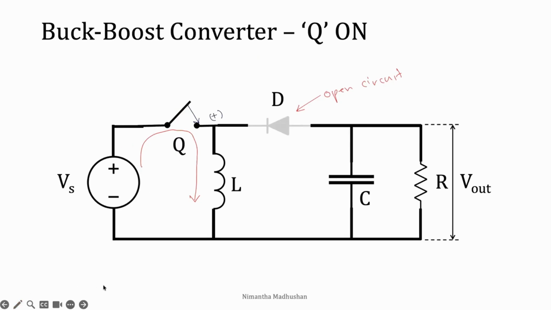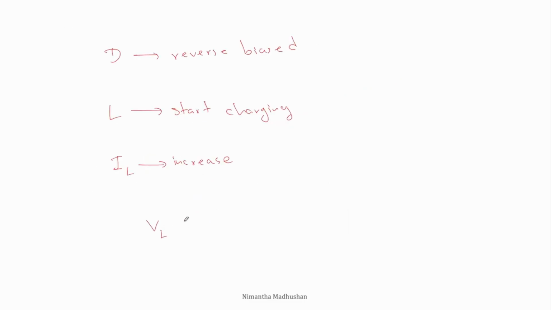And if we consider this point A and this point B, and if we consider the polarity of this voltage, we can mention plus and minus here, and this is the inductor voltage VL, it is equal to VAB.